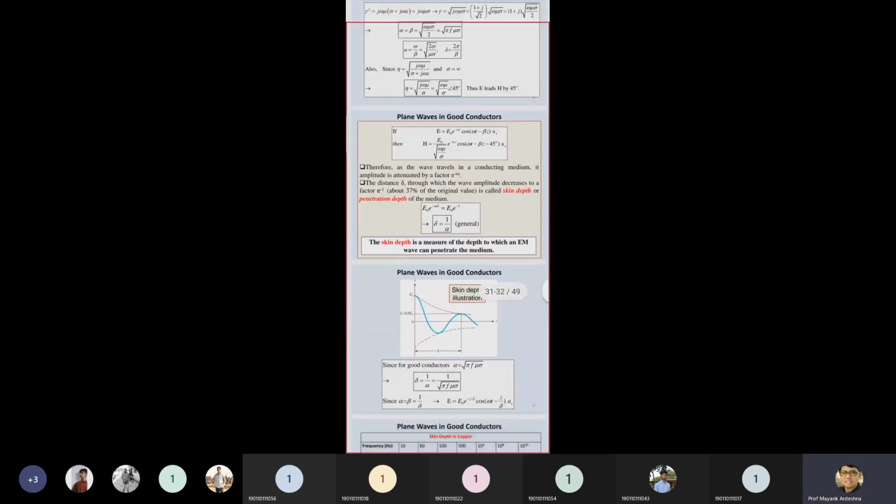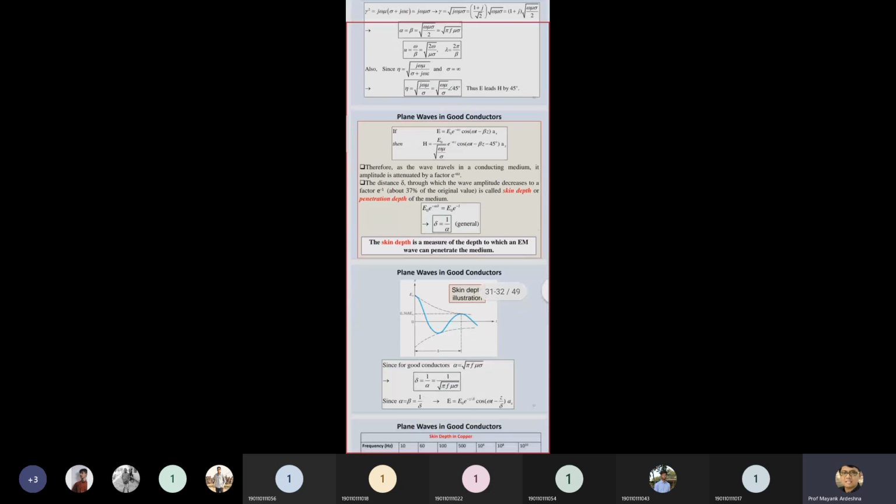This part is clear. How can we find the skin depth? Skin depth is basically: for the waves, signal, or current given to any particular conductor, how this current goes inside the conductor. It means I'm talking about the diameter or radius.